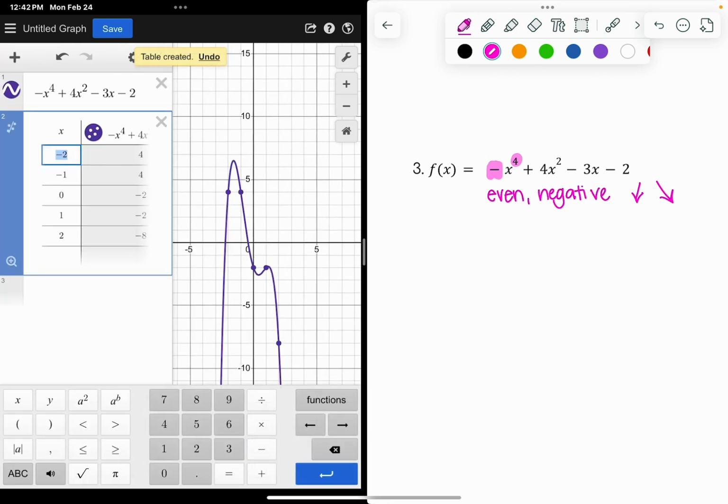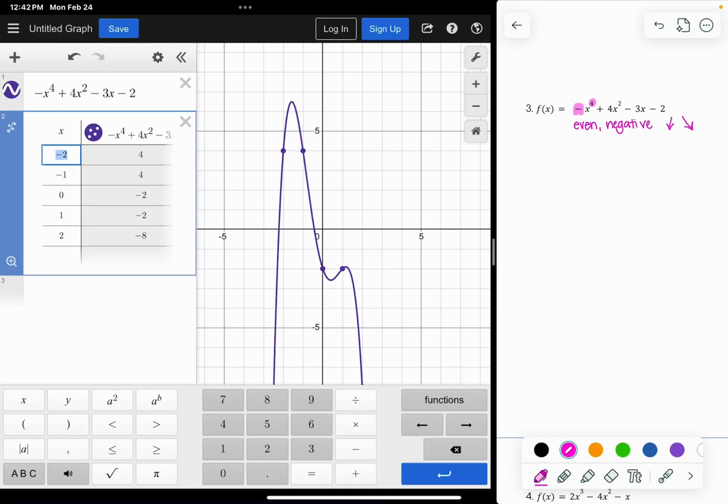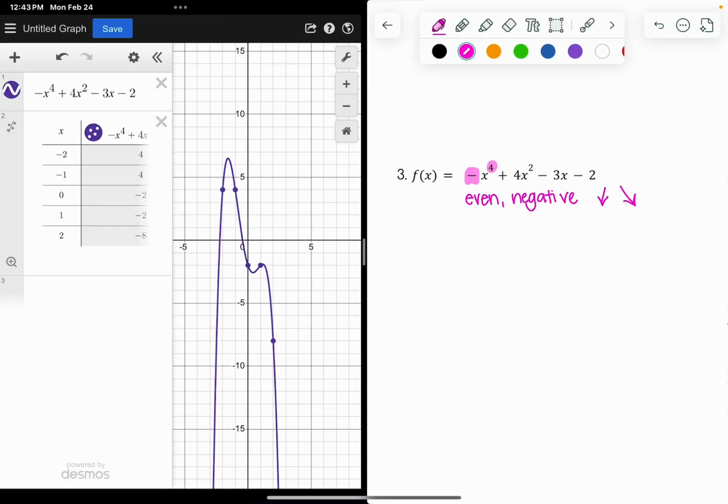Let's pull up a table of values here. I want to know what happens. I like that table, actually. I don't need any more from that table.